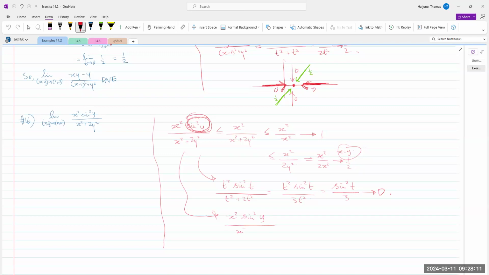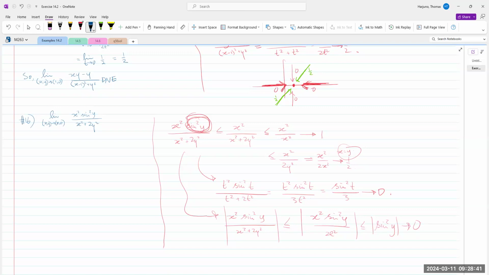So x squared plus 2y squared like this. Oh, you know what? We can squeeze it this way. This is x squared sine squared y over x squared, which is less than or equal to sine squared y, which goes to 0 as y goes to 0, right? Okay, so that's our answer.